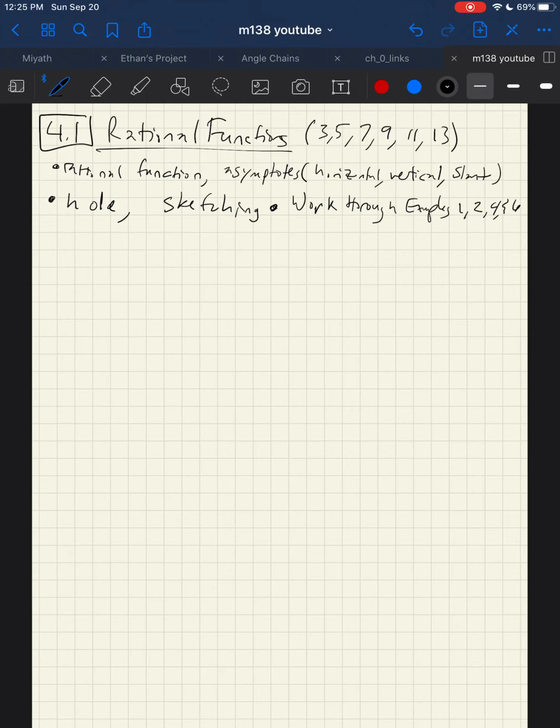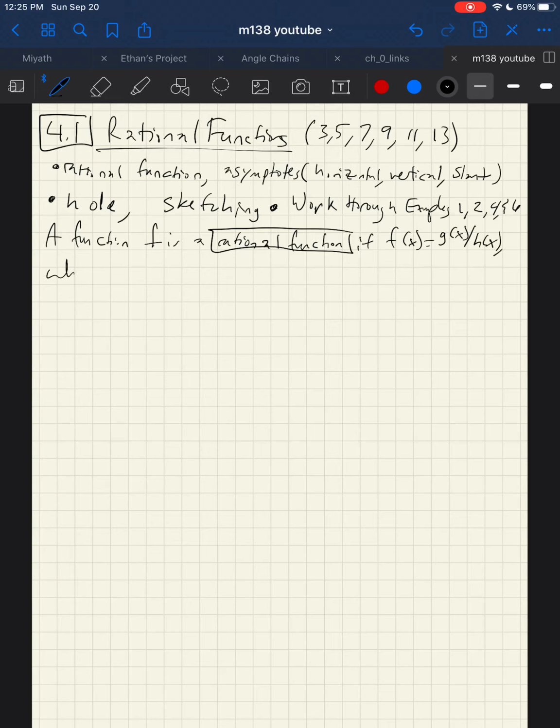So, a function f is a rational function if f of x equals g of x divided by h of x, where g of x and h of x are polynomials with h not 0 everywhere.